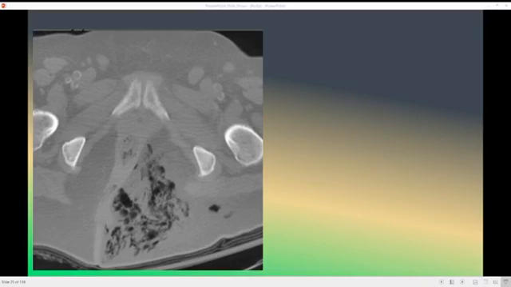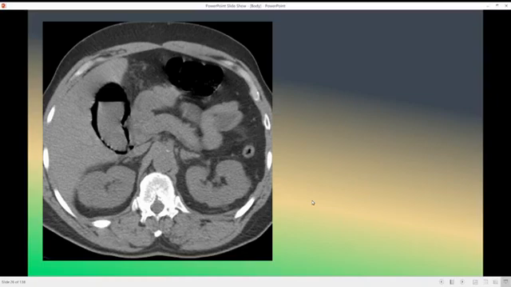Okay, very good. Okay, we have some answers here, and this is a necrotizing fasciitis. Okay, we move to the next case.